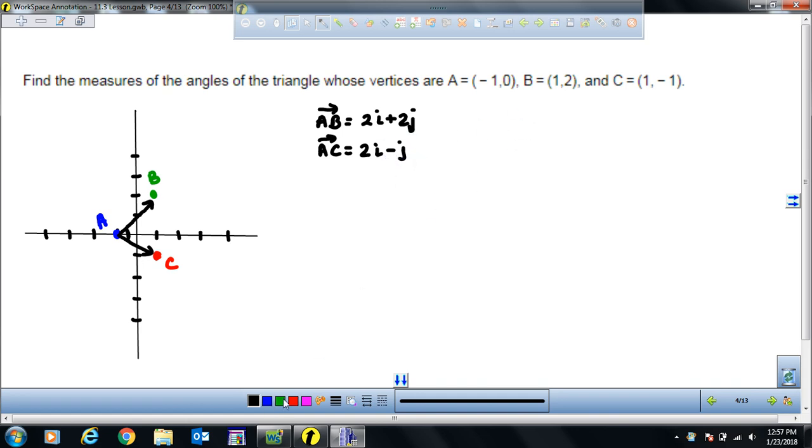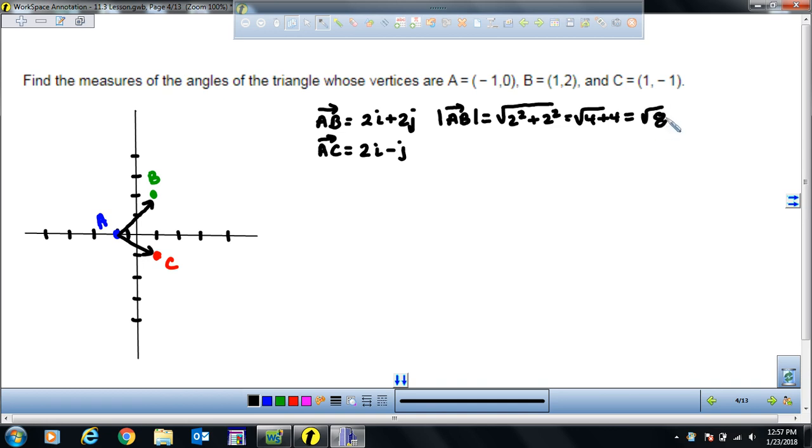So then let's go ahead and find the magnitudes. I'm going to find the magnitude of vector AB and the magnitude of vector AC, because we're going to need them, and we also need the dot product. The magnitude of AB is the square root of 2 squared plus 2 squared, which is the square root of 4 plus 4, which is the square root of 8.